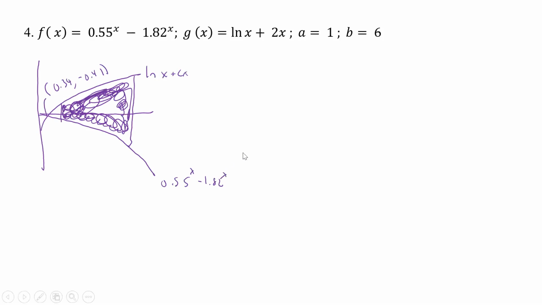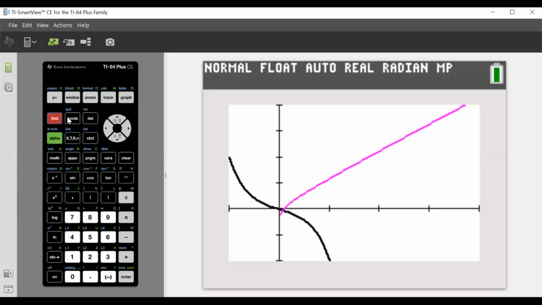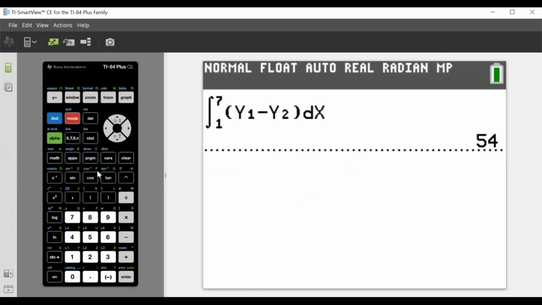So what are we going to do? Well, we're going to take our integral from 1 to 6, and since ln of x is g of x, we're going to do g of x minus f of x dx. And again, we're going to plug it all in one shot into our calculator. So going back here, second quit. This time we're going to take y2 minus y1.